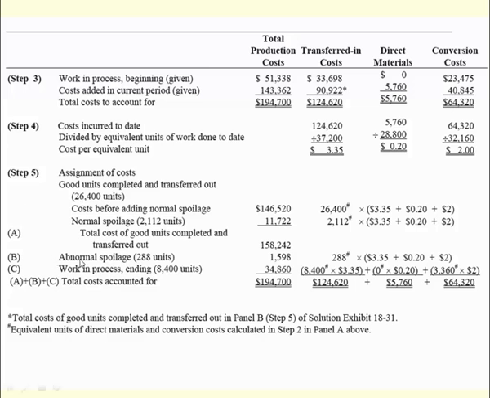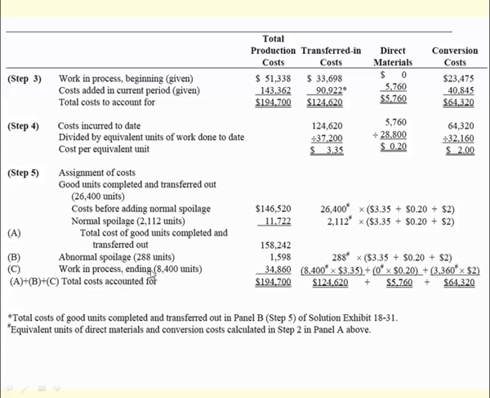Then we need to assign costs to abnormal spoilage. Total number of units, abnormal spoilage 288 units, multiplied by summation of the three costs, 3.35 plus 0.2 plus $2, which equals $1,598.